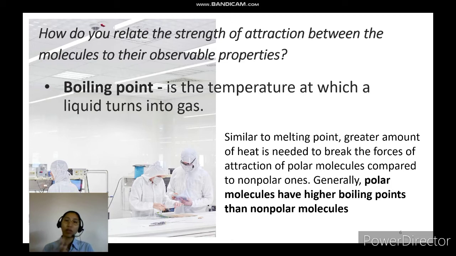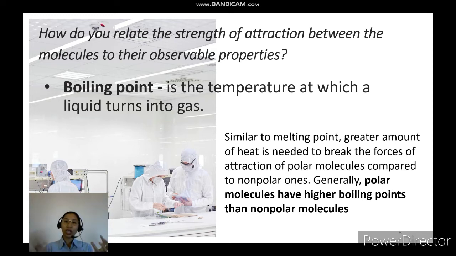So, sabay connection sa polarity. So, similar to the melting point, greater amount of heat is needed to break the forces of attraction of polar molecules compared to non-polar ones. Generally, polar molecules have higher boiling points than non-polar molecules. So again, tungod kay kusog ang interaction between polar and another polar molecule, mao na siya nga mas lisod siya i-break ang bond using heat, right?